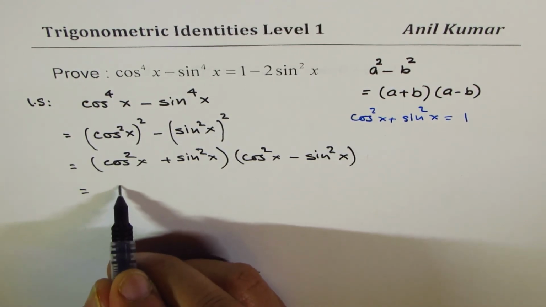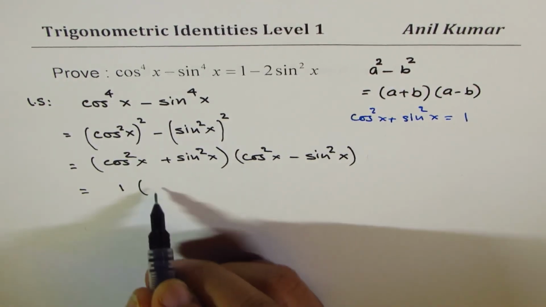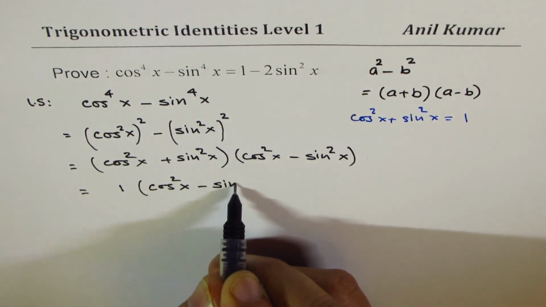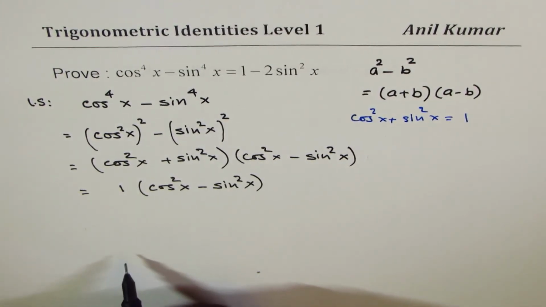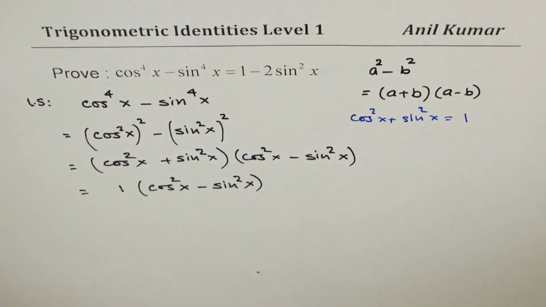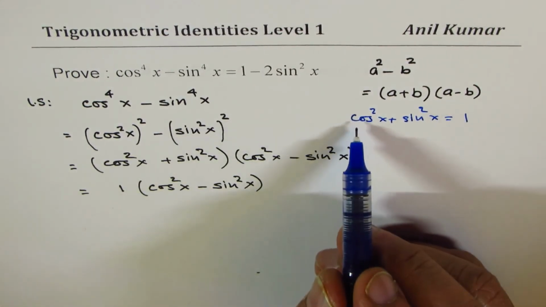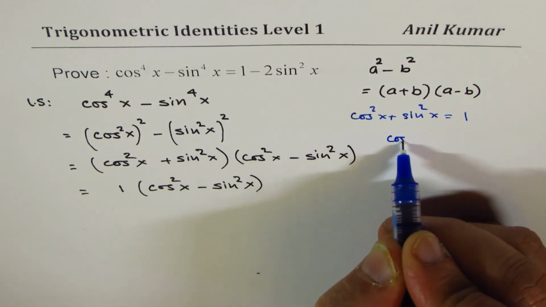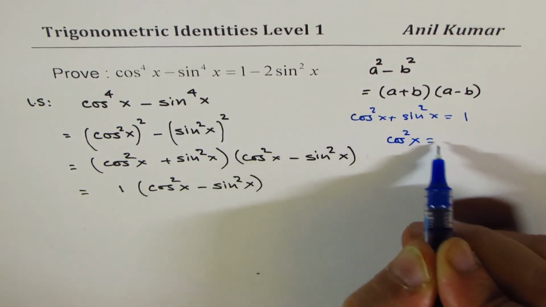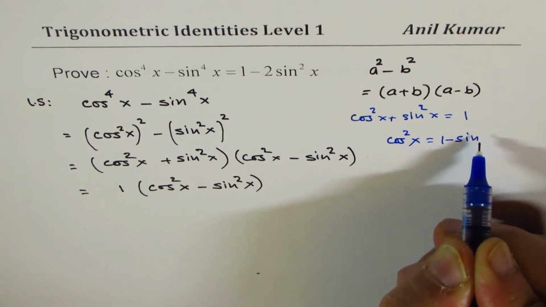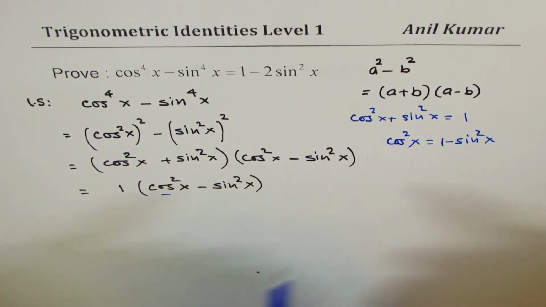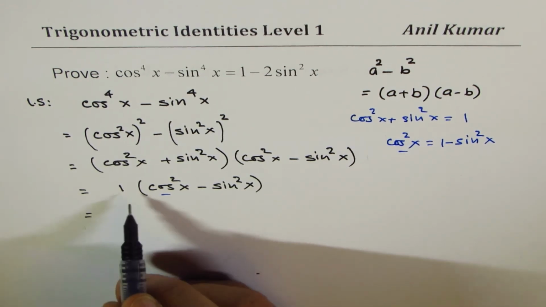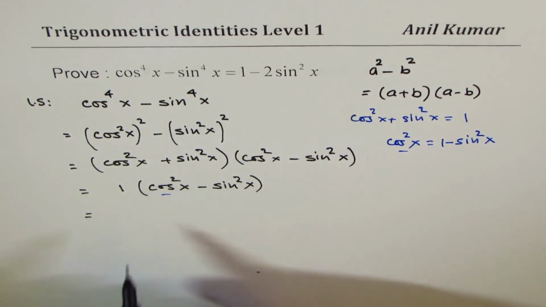So this portion is 1, right? So we get 1 times cos square x minus sine square x, correct? We need 2 sine square x. So what can we do? We can rearrange and write cos square x as 1 minus sine square x. Do you get the idea, right? So I'll replace this cos square x with 1 minus sine square x. 1 times anything is that thing only.